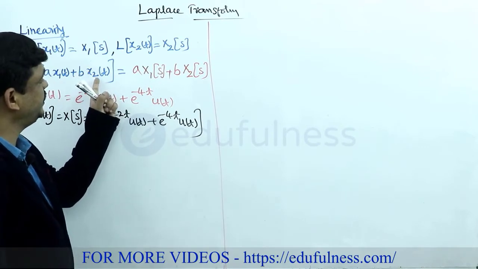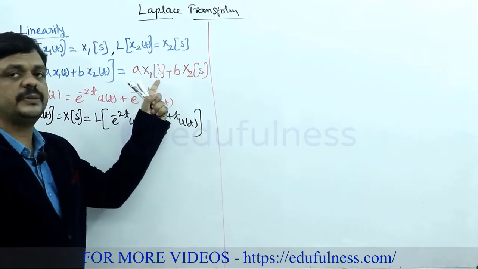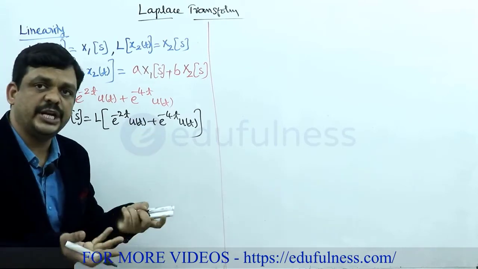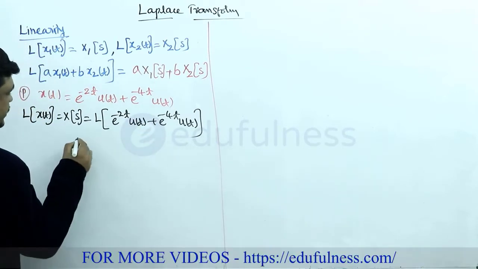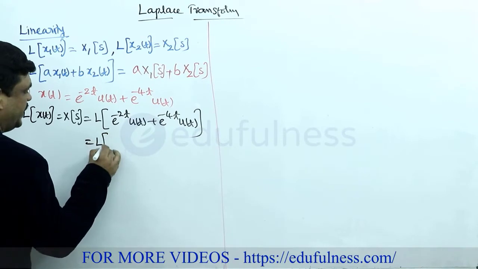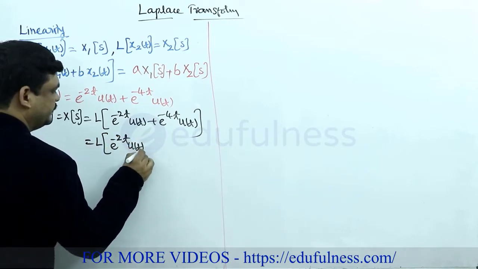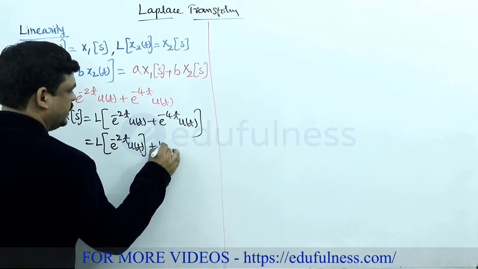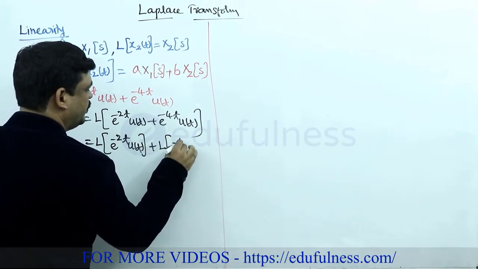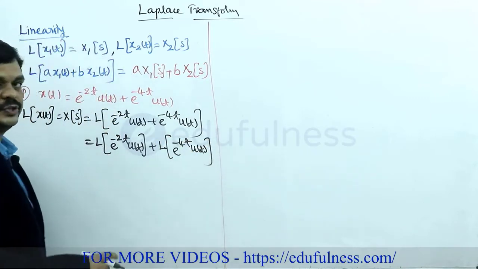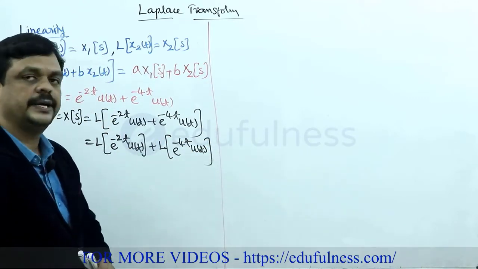The linearity property explains that the total response is equal to the sum of individual responses, so we can apply the Laplace transform individually. So I am applying the Laplace transform of e to the power of minus 2t into u of t plus the Laplace transform of e to the power of minus 4t into u of t. So individually I have applied, right?